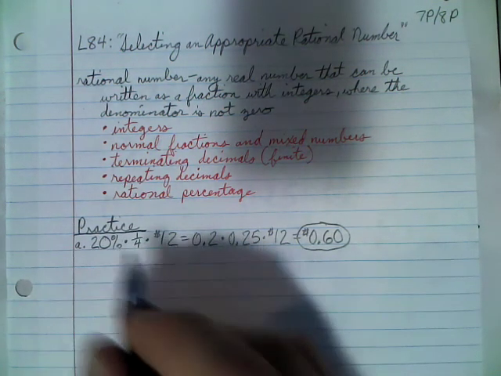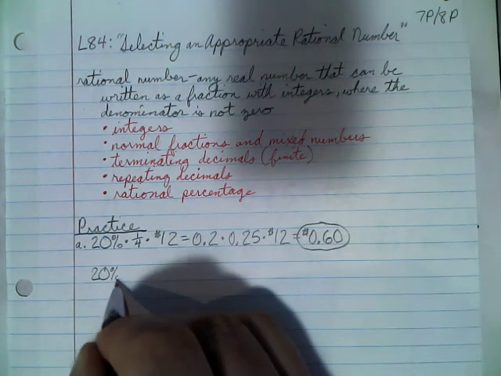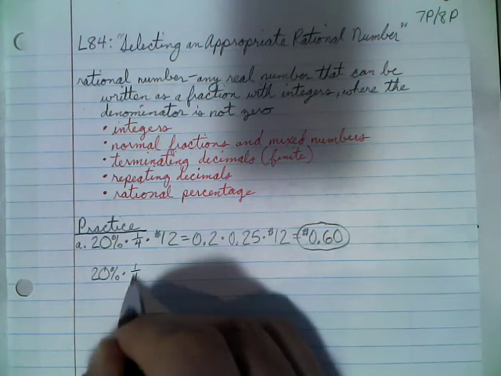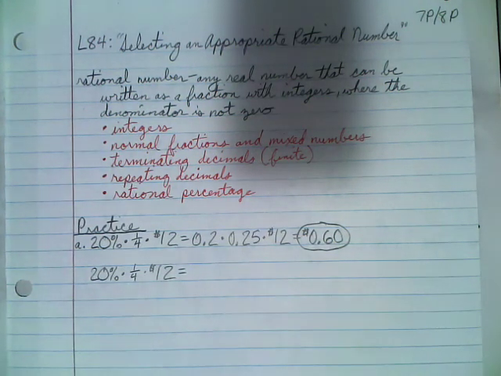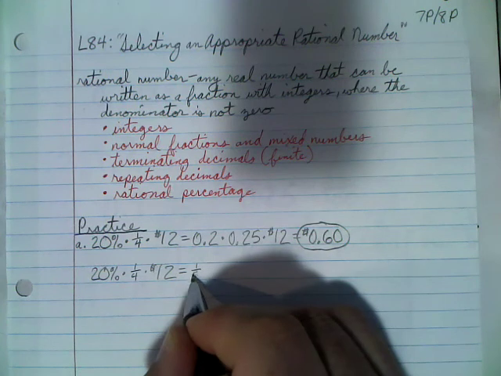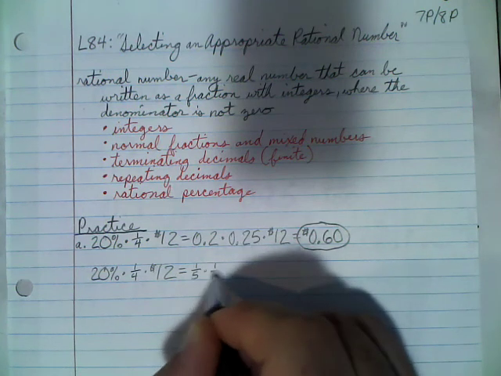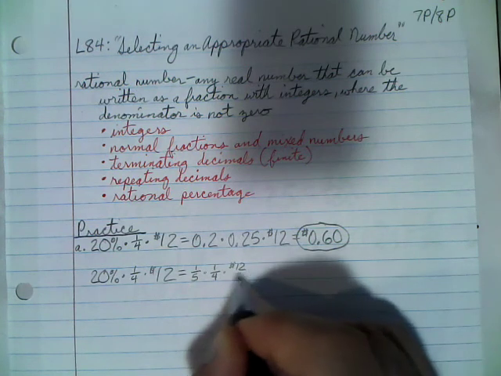We're going to do this one more time. Copy it down again. This time, though, let's just see what would happen if we decided to go with fractions. If I decided to go with fractions, I know that 20%, well, 20 divided by 100 really, is 20 over 100, and that reduces down to 1/5. And then I would have times 1/4, and then I would go ahead and throw 12 over 1.